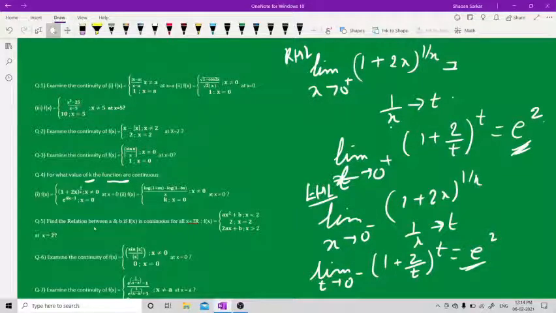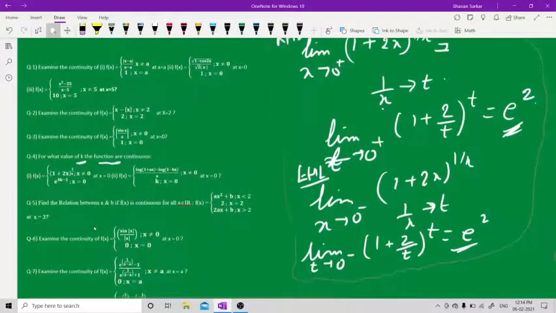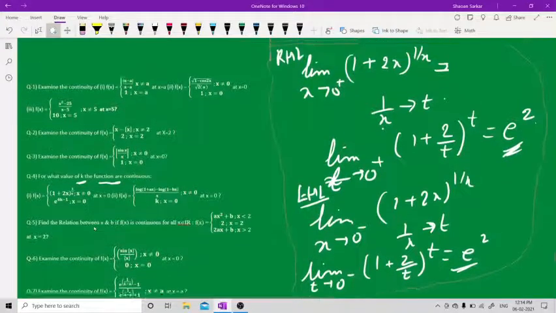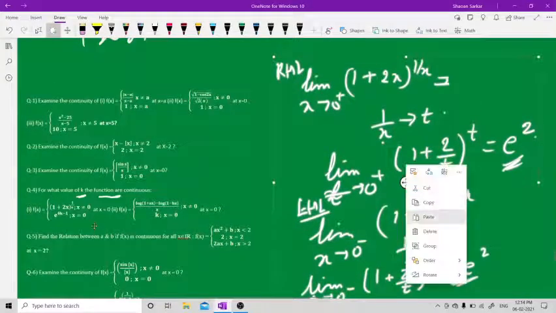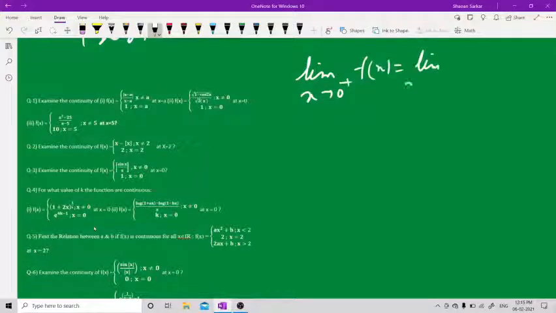Now do one thing. Let me remove this portion completely so that I can get some space here. Now see, already I have found out that limit x tending to 0 plus f(x) is equal to limit x tending to 0 minus f(x), which is e square. मुझे already मिल चुका है e square. अब f of 0 पे क्या दे रखा है?